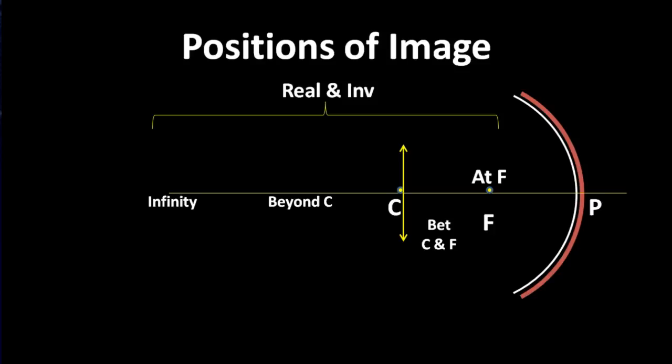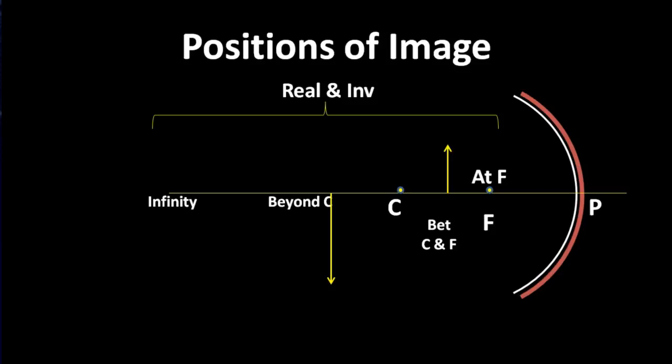Let us now shift the object to the adjacent position on the right. We observe that the image has shifted to the adjacent position on the left, and now its size has become larger than the size of the object. Let us now shift the object to the adjacent position on the right.